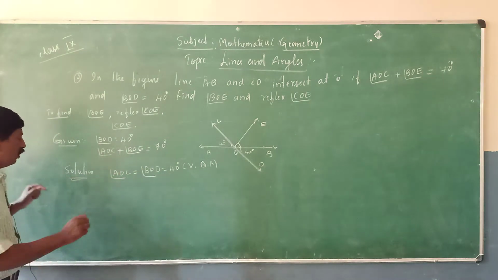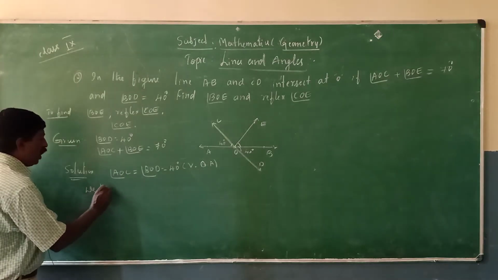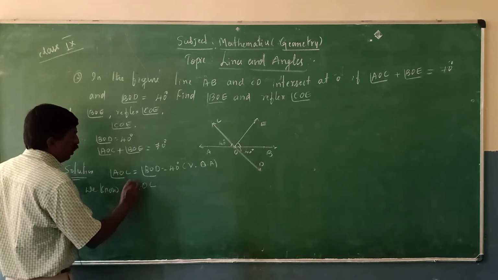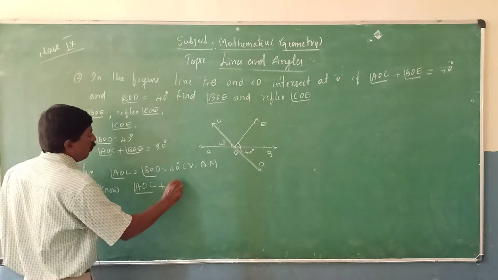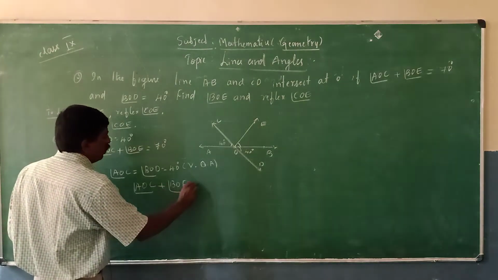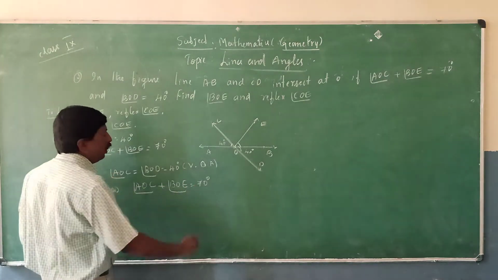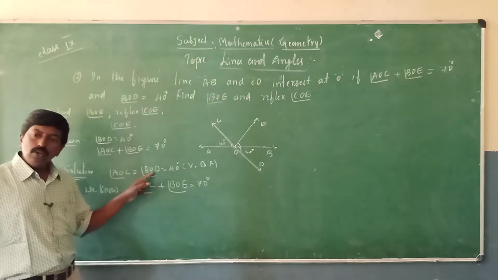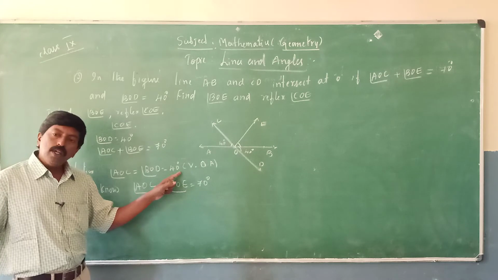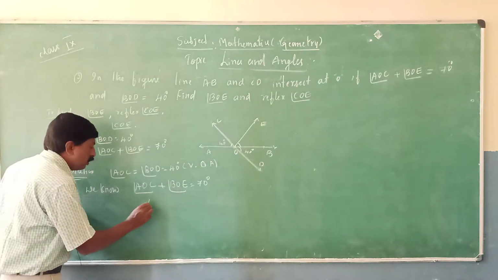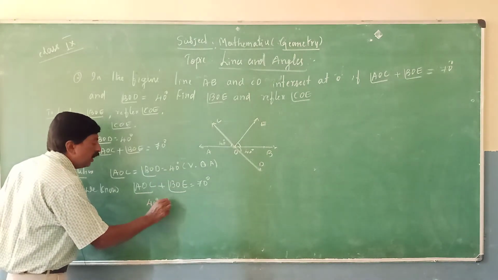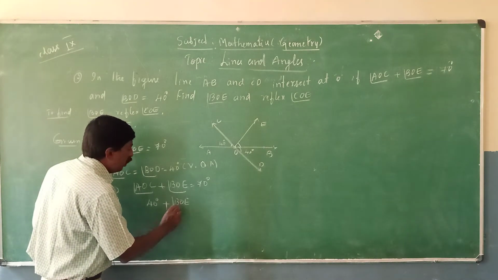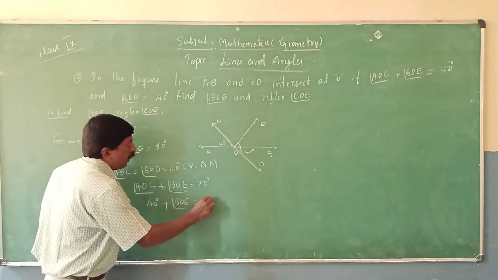We know that AOC plus BOE is equal to 70 degrees. What is AOC? AOC is equal to BOD, which must be equal to 40 degrees. So AOC is 40 degrees plus BOE is equal to 70 degrees.